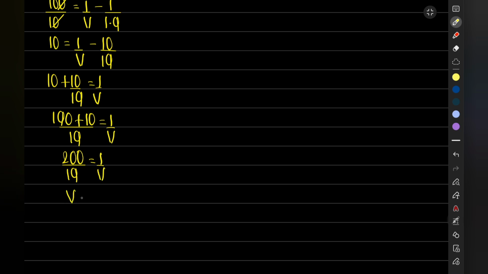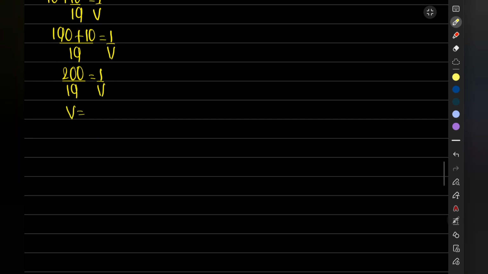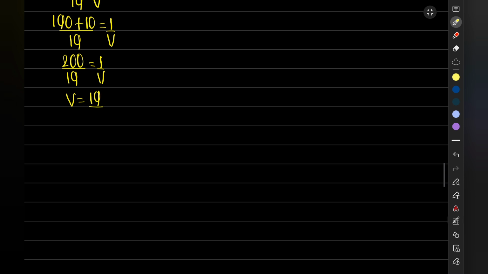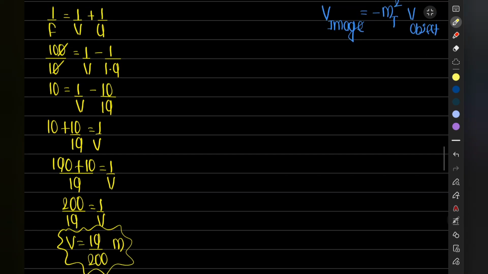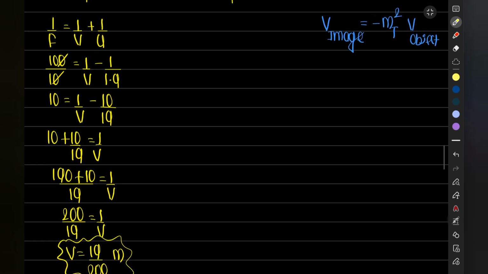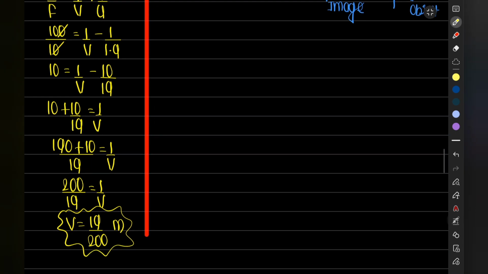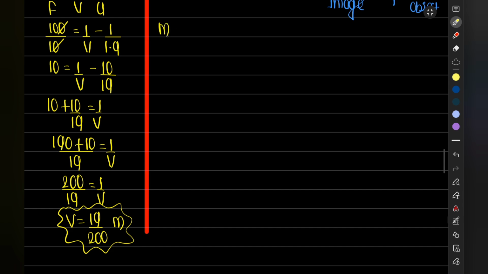So our image distance v will be equal to 19 by 200 meter. This is the value of image distance we got. Once we have it, the next task is to find the transverse magnification. The formula for transverse magnification m_T is minus v by u.